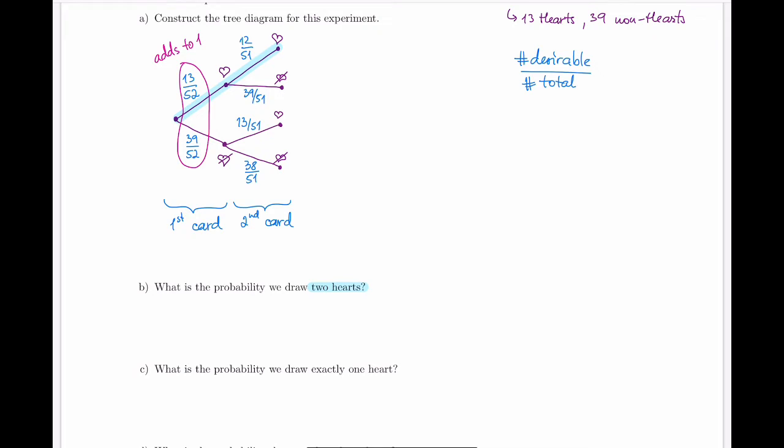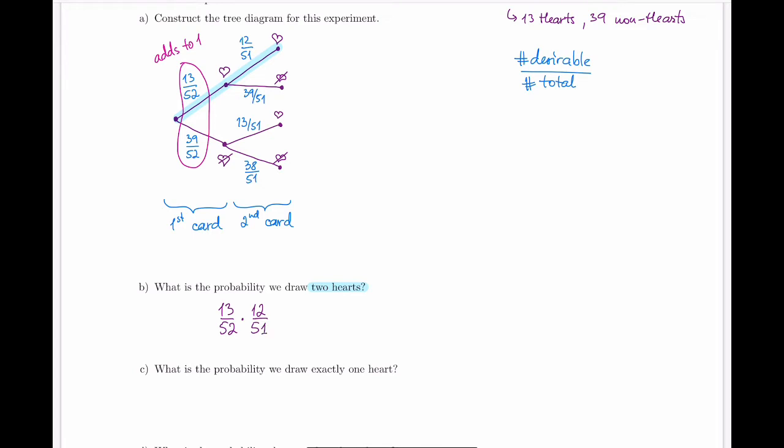And then all I have to do is multiply the probabilities of the branches along my path. So here I have 13 over 52 times 12 over 51. And that is going to be my total probability. 13 over 52 for the first branch, 12 out of 51 for the second branch.